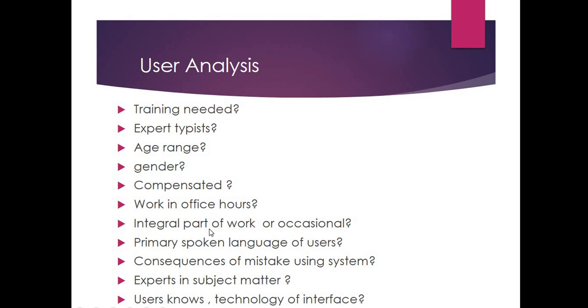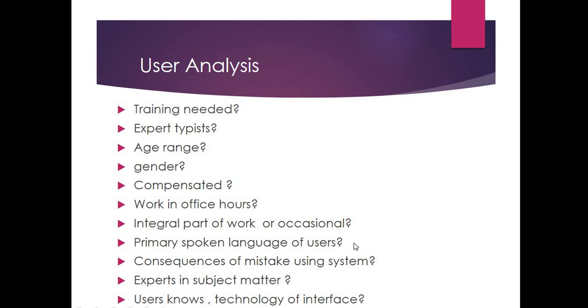The next one is we need to check whether this user interface for the software is part of their work, or whether they will be using it only once in a while, occasionally. That we need to identify. The next one is the natural language, the primary spoken language of the users who are going to use the user interface.